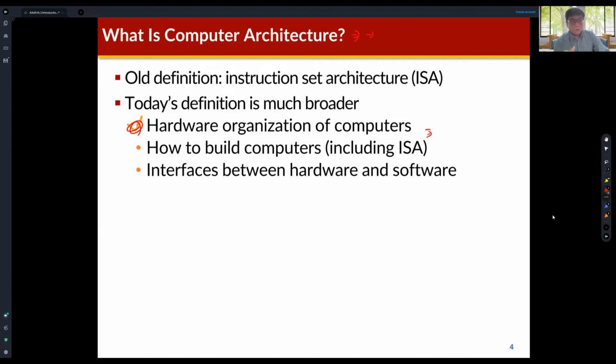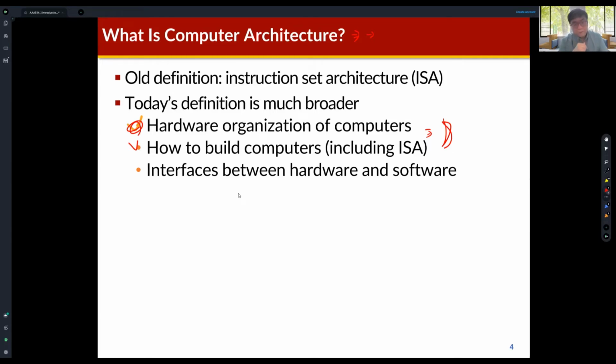The goal of computer architecture research, like every engineering research, is to increase the performance of the system and reduce its cost. Because we focus on the hardware, we are working on how to build computers, including instructions and architecture. These are very traditional concepts of computer architecture research.